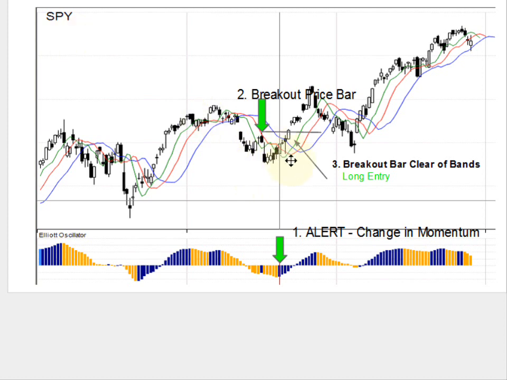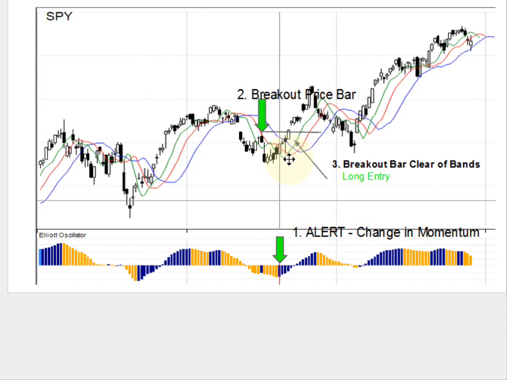Days progressed. This is a daily bar chart. And we then had a breakout above the breakout price. And as we can see here, with the arrow pointing to number 3, the price at which the breakout occurred was clear of the breakout bands.